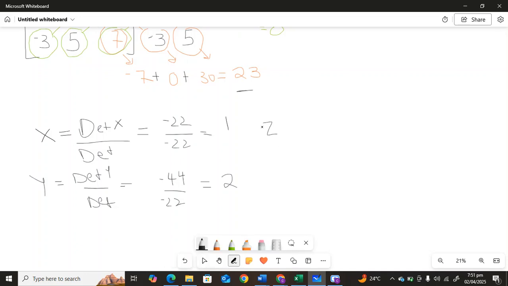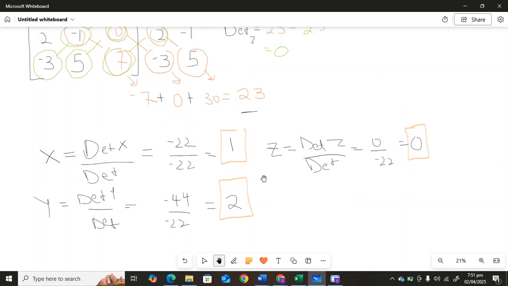And our value for Z, the determinant for Z divided by our overall determinant, 0 divided by negative 22, that gives you 0. So these are our answers. X equals 1, Y equals 2, and Z equals 0.